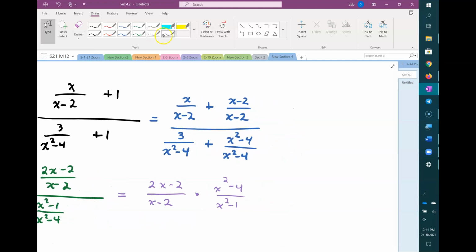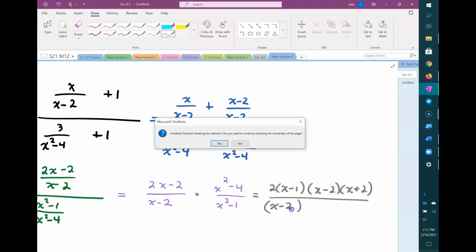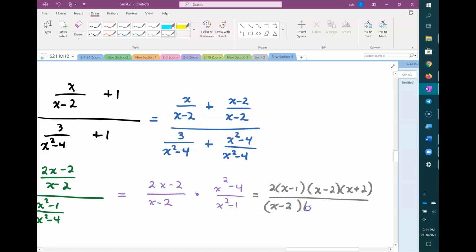And then we see what we can simplify. So I'm going to have 2 times x minus 1, x minus 2, x plus 2, difference of squares, x minus 2, and x minus 1, x plus 1.